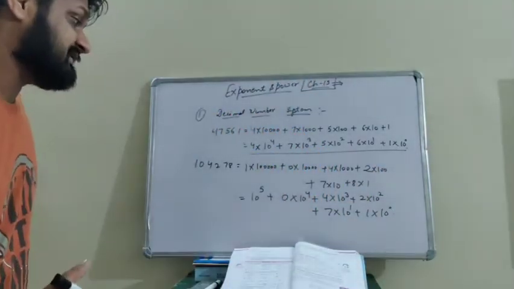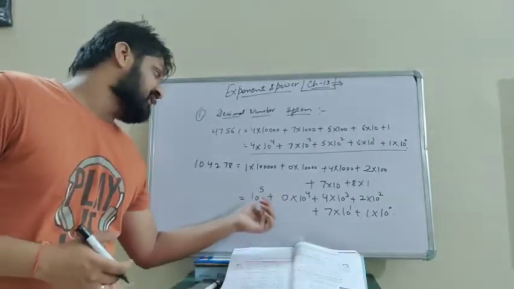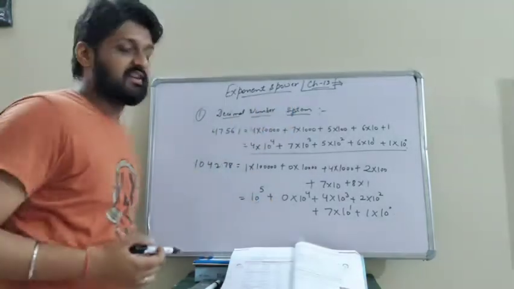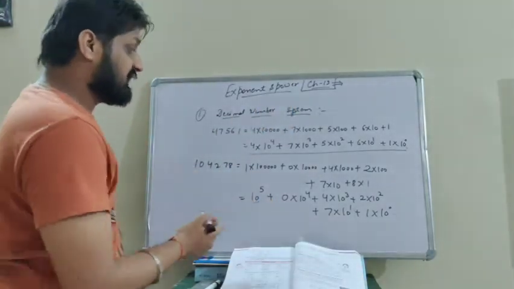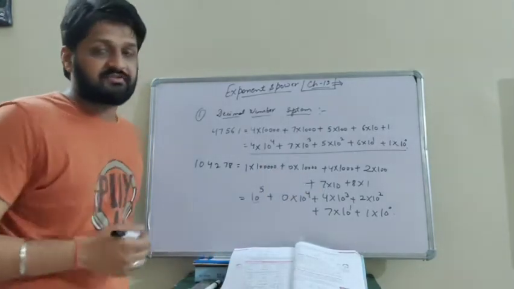Here we have expressed it in exponents, and as we have taken the base 10, that is called the decimal number system, and taking the base 10, we have converted into the exponential form.